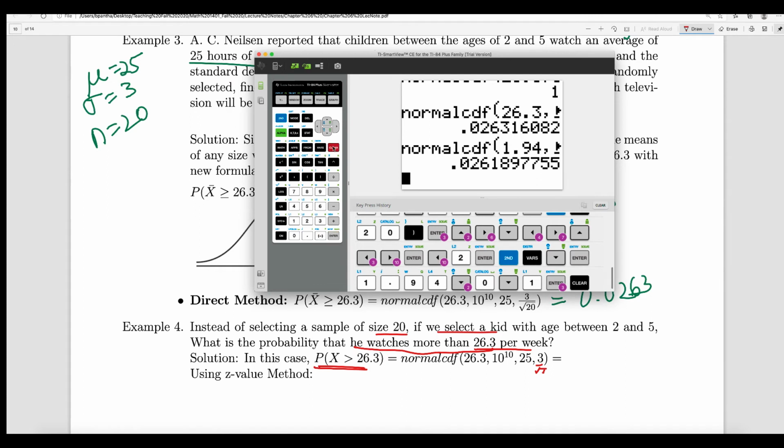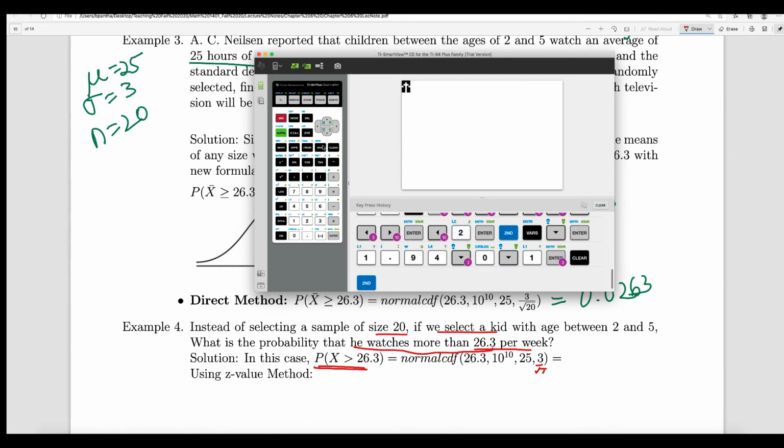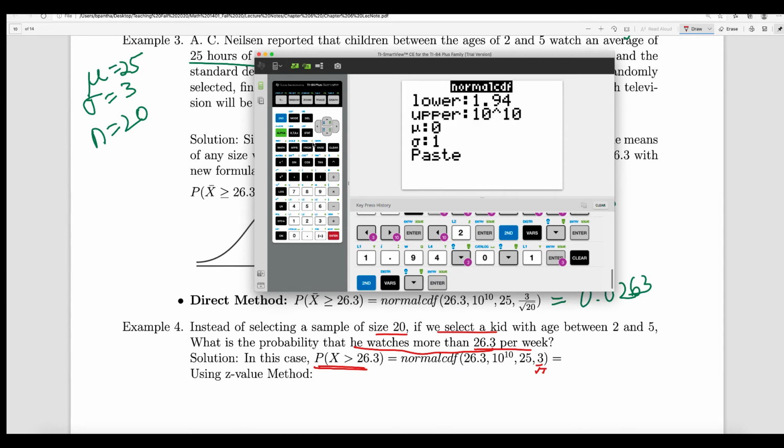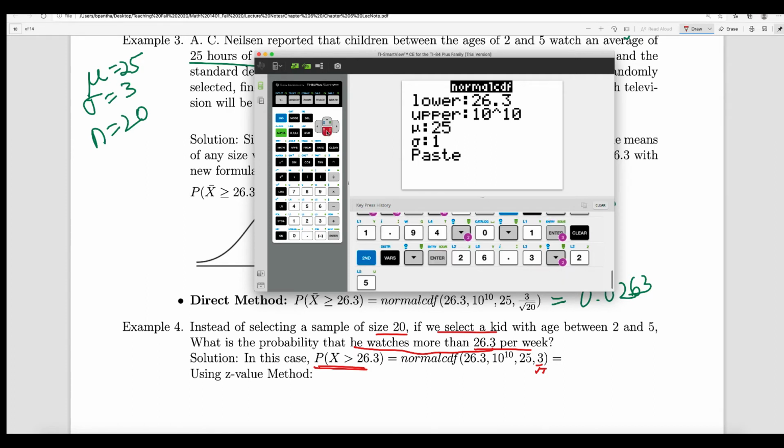So what I'm going to do there is second verse, instead of doing 20 people, let me do 26.3. The right bound is 10 to the 10. Mu is 25, sigma over root n, because n is 1, is just sigma, which is just 3. Instead of 3 over root 20, you have just 3.